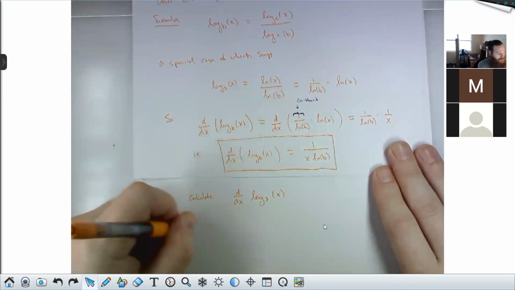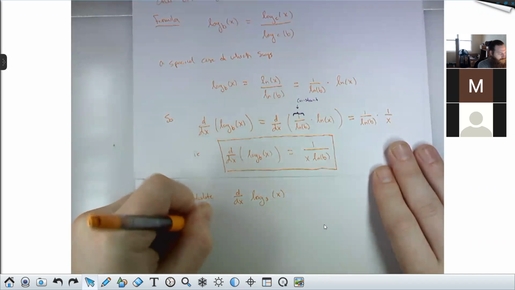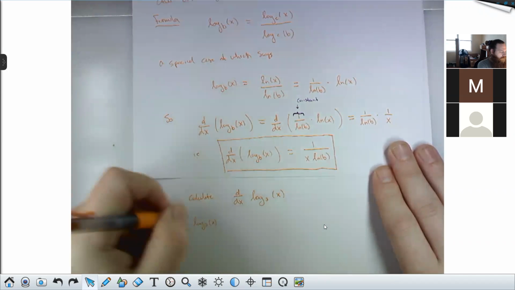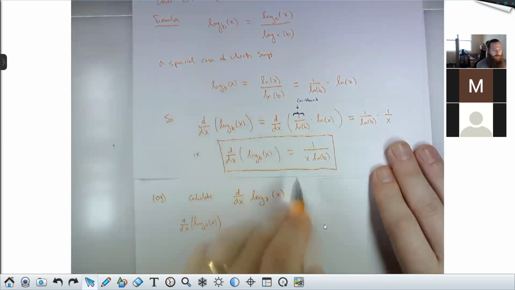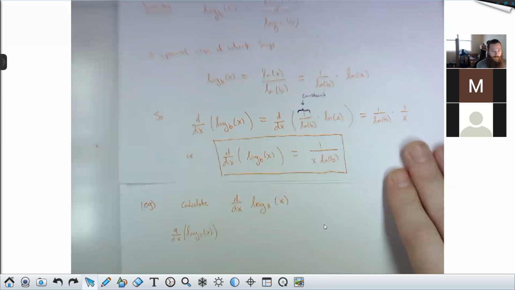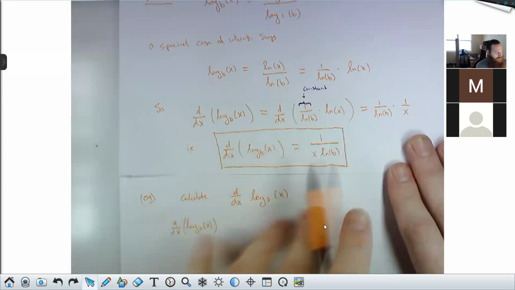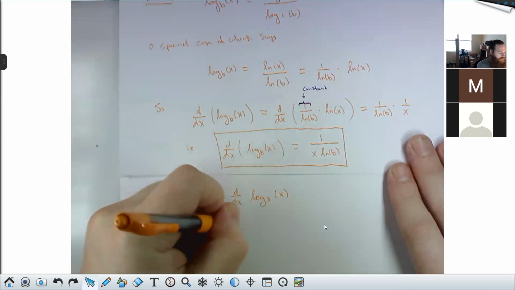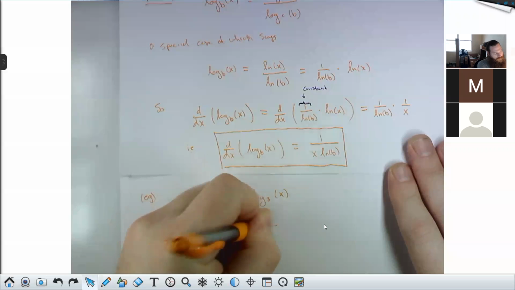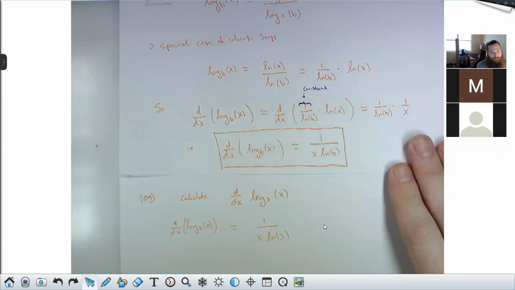I'm just going to apply this formula right away. It tells me that the derivative of the base b log of x is 1 over x times the natural log of b. So the derivative of the base 3 log of x should be 1 over x times the natural log of 3. All right, that's all.